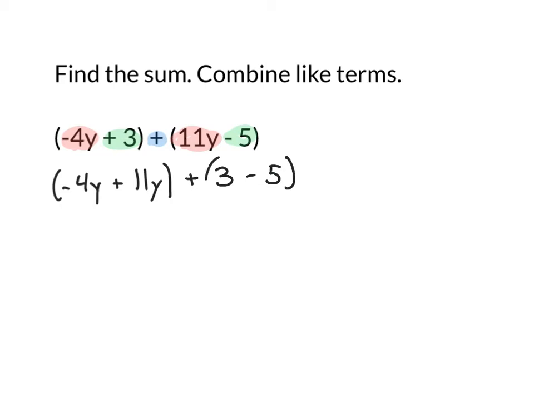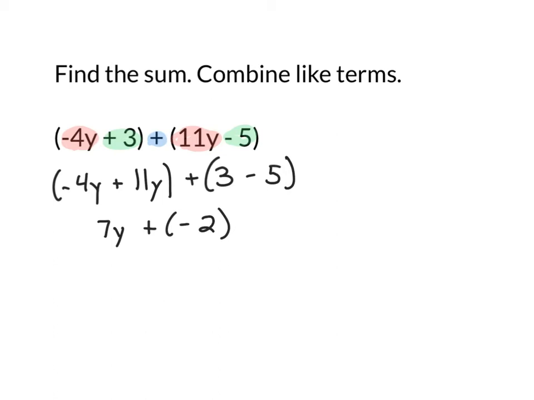And we can even put 3 minus 5 in parentheses. Now we can add negative 4 plus 11. That equals 7, and we include the variable y. Plus 3, and we are subtracting 5. 3 take away 5. That equals negative 2.